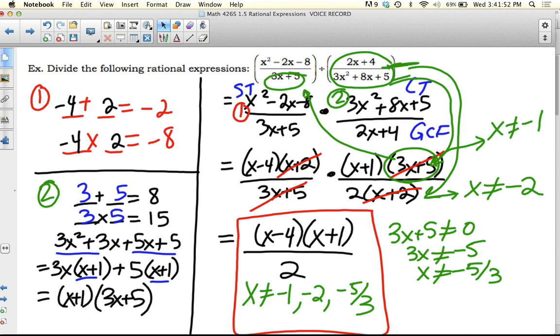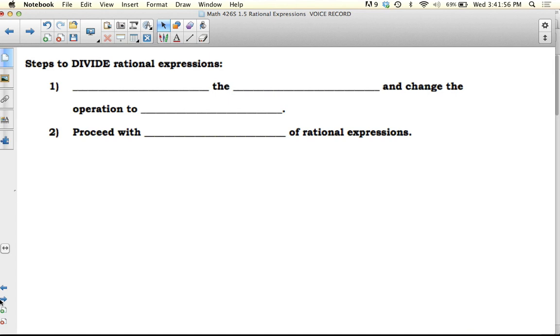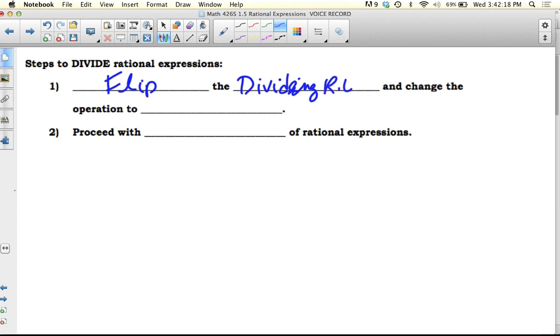So that's dividing. Let's go through the steps. Steps to divide: we're going to flip the dividing rational expression, which is basically your second fraction.